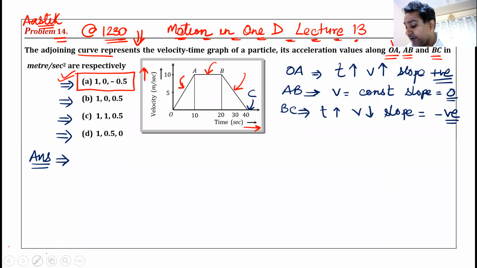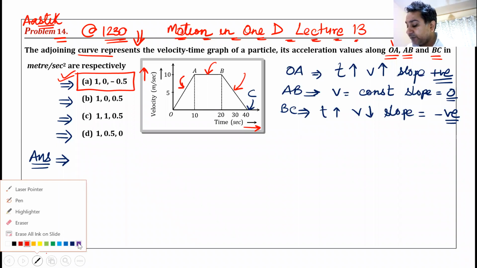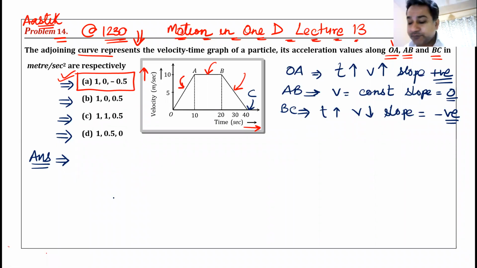But now let us do it the correct way. And the correct way would be to find out the answer. So now look at the section from O to A. From O to A, we have to find the slope of the graph. That would be given by the tan of this angle theta, which is already drawn there.